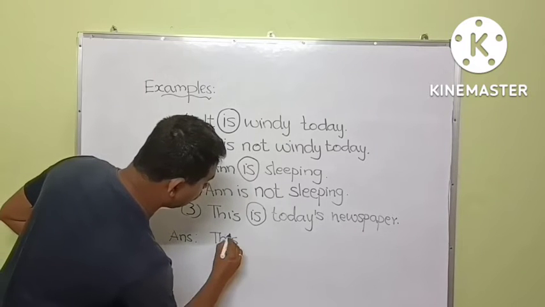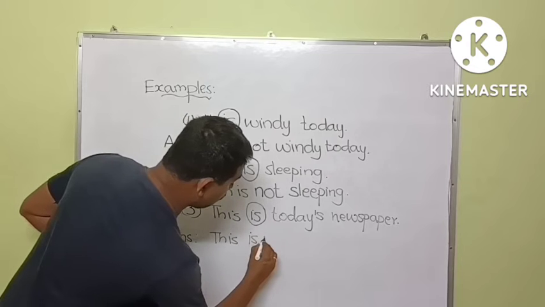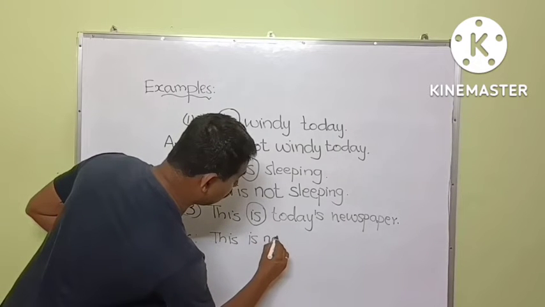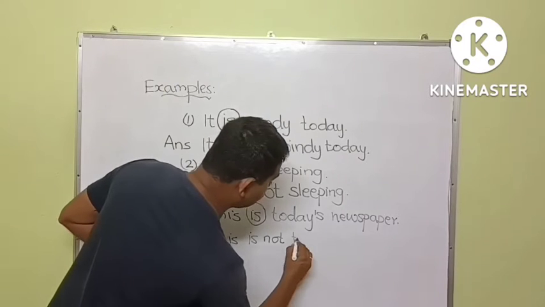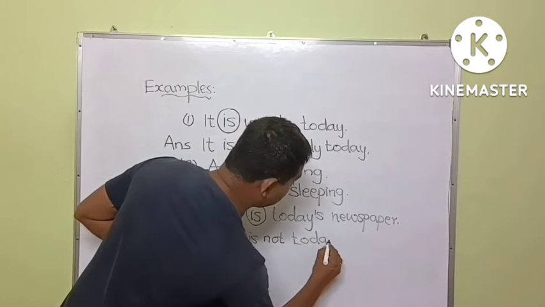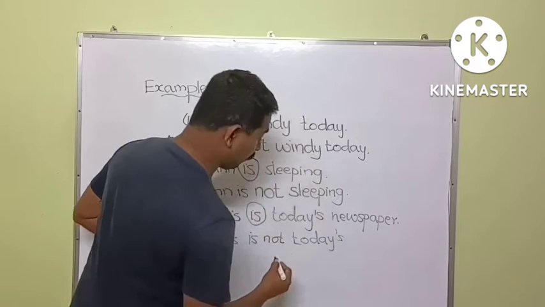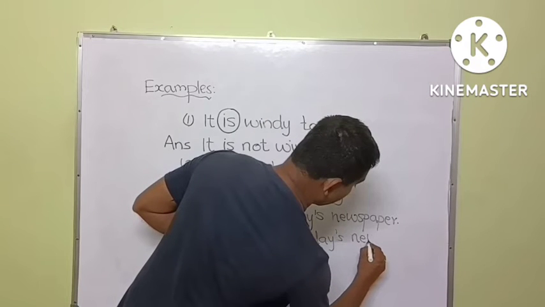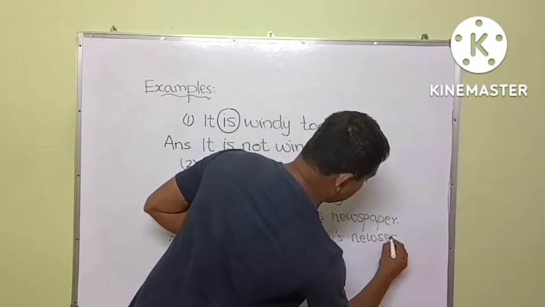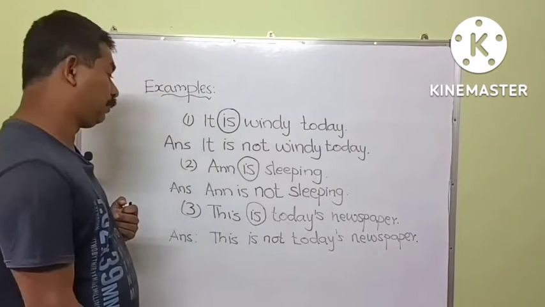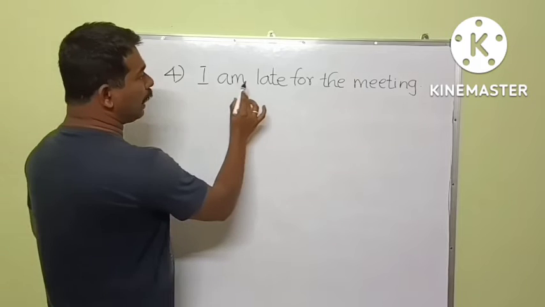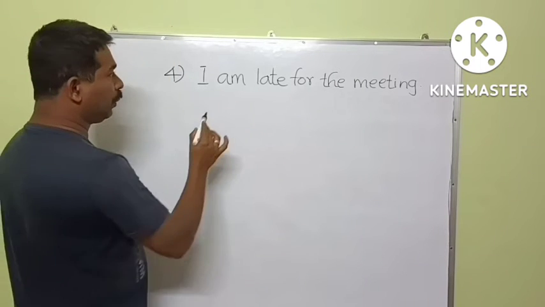This is. Attach the word not after the auxiliary verb, then the balance can be written: today's newspaper. Full stop. Fourth example, I am late for the meeting.